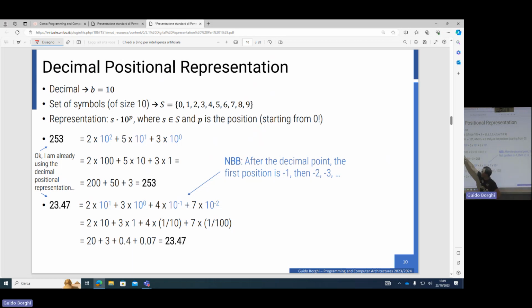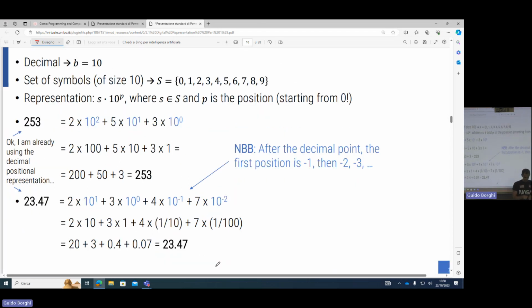253. I'm using the decimal positional representation to express this value, but to show you how it's possible to use the decimal positional representation to have these numbers, we can start from the first position. In the first position, we have the digit 3. Remember, the first position is on the right and starts from 0.